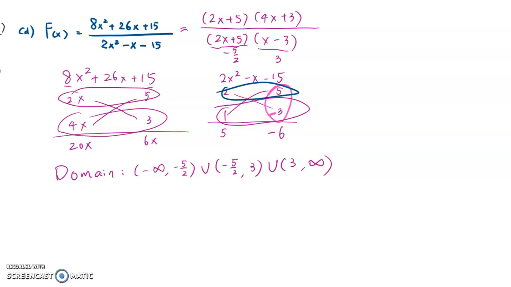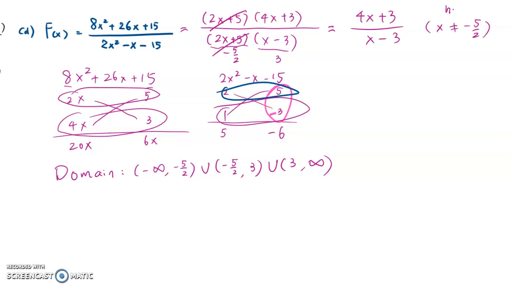Now let's see if this function is in lowest terms, and it's pretty obvious it is not, because we can cancel out a common factor of 2x plus 5. That means this function can be simplified to 4x plus 3 over x minus 3 under the condition that x is not equal to negative 5 over 2.